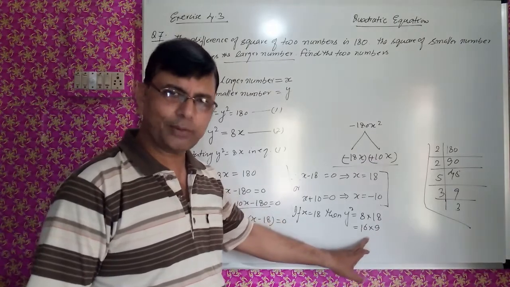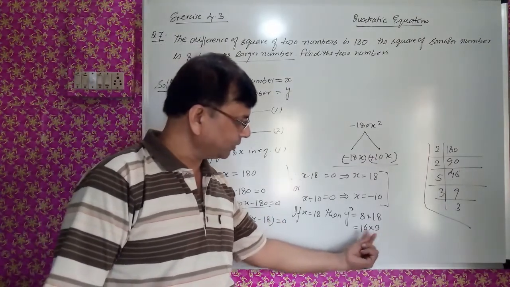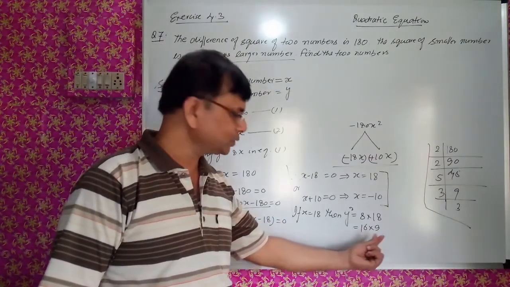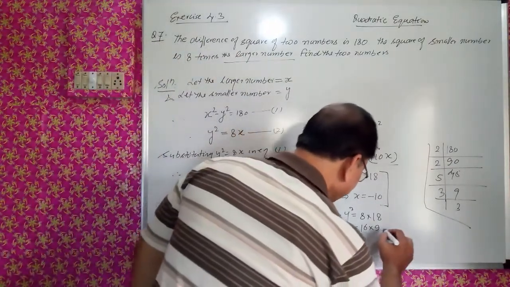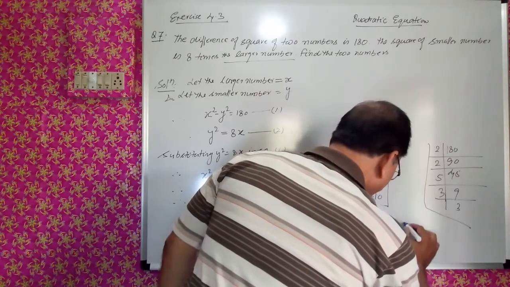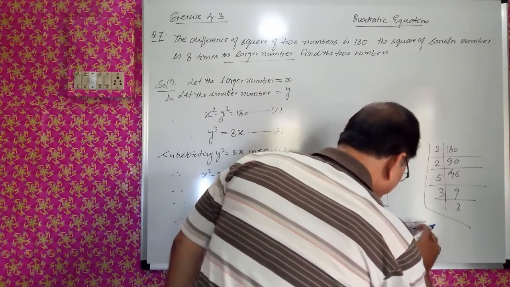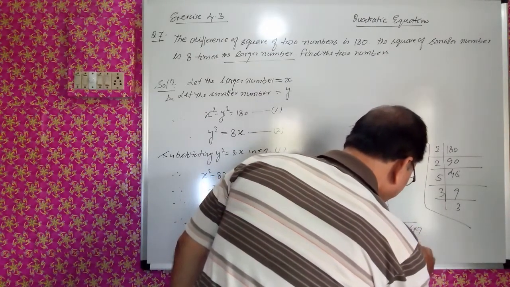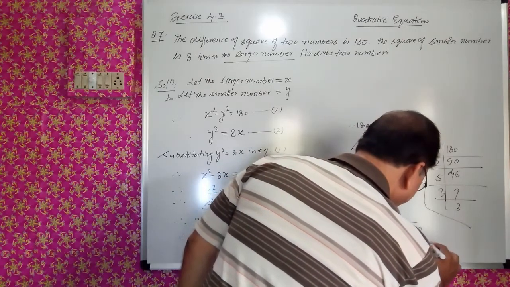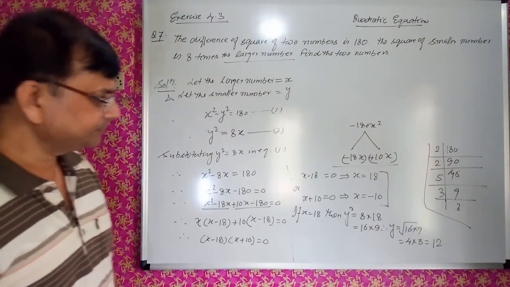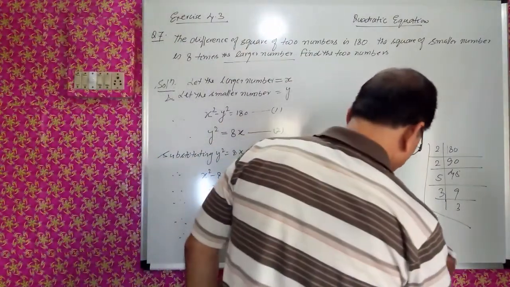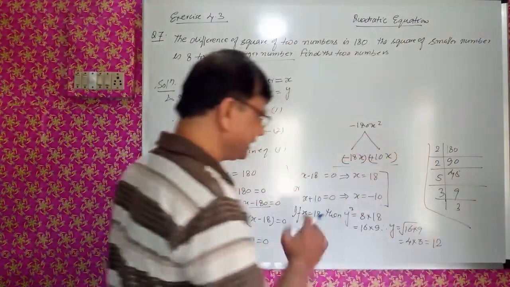Why did I write in this way? Because square root of both are known. Square root of 16 is 4, square root of 9 is 3. So this can be written as, therefore, y is equal to under root 16 into 9, that is 4 into 3, that is 12. So, of course, it is plus minus 12. Both the numbers will come, plus and minus both.